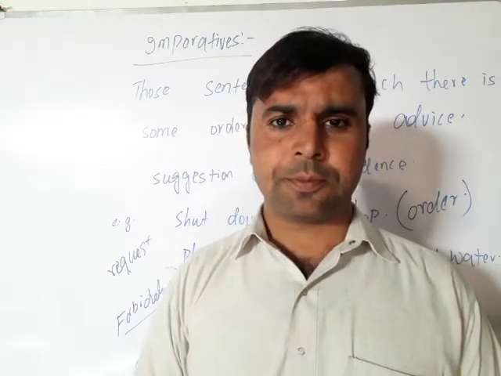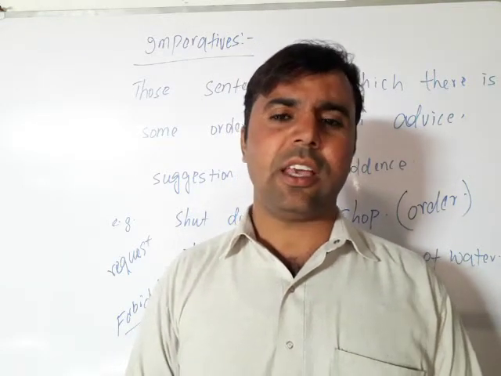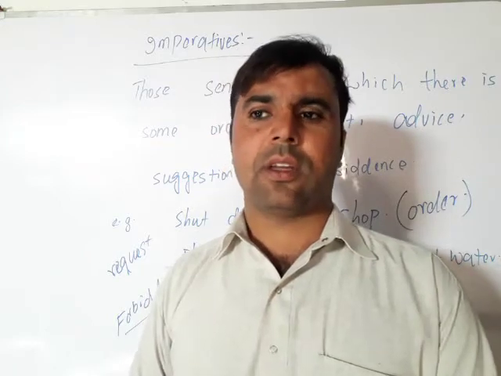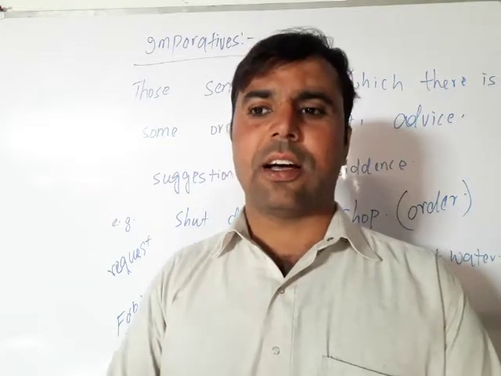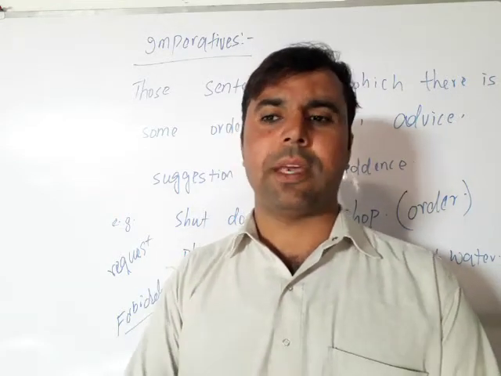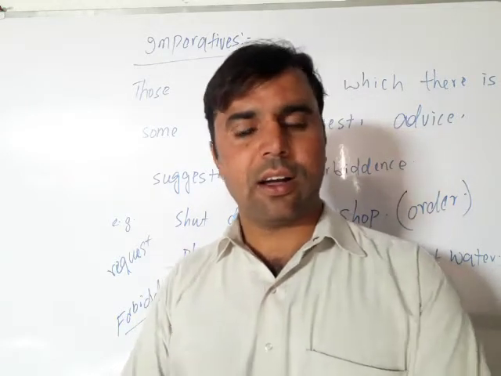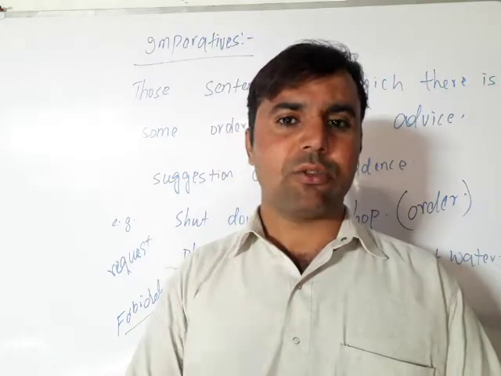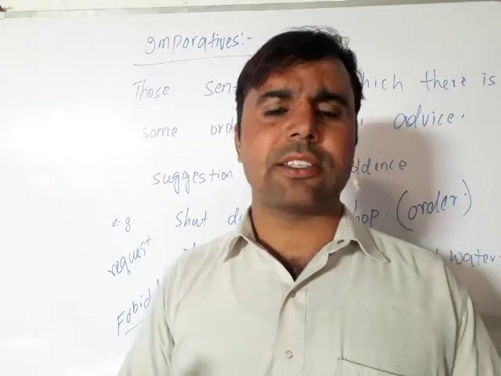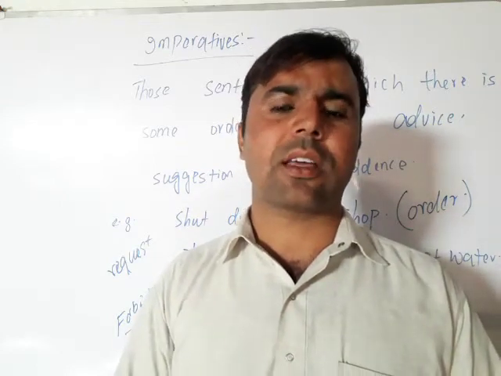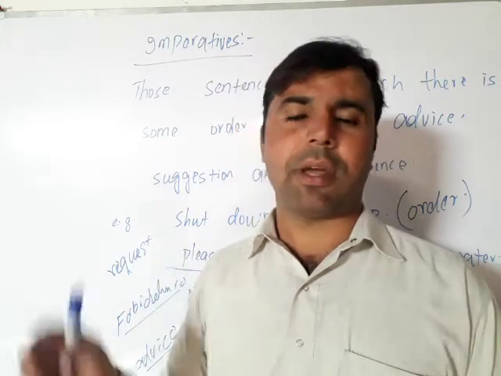So it means that imperative sentences are those sentences in which there is an order, or there is a request, or there is a suggestion, or there is a piece of advice, or even there is forbiddance of a work. I mean to say, whenever we have a sentence in which there is some piece of advice, some suggestion, some forbiddance of a work, some request, or some order, we will call it an imperative sentence.